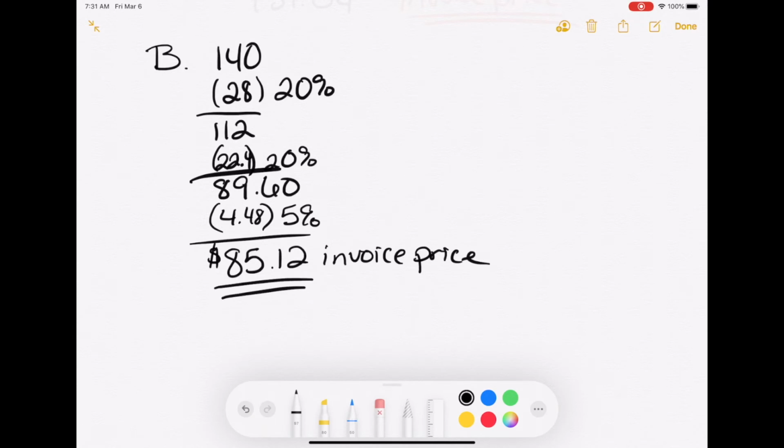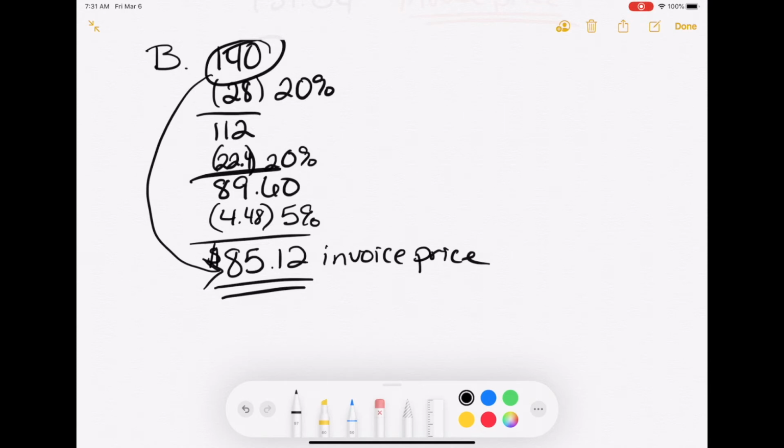Okay, so I end up with $85.12 after a 20% discount, 20%, 5%. So instead of paying $140 to the retailer, you will only pay this much because you are a wholesaler and you receive a series of discounts.